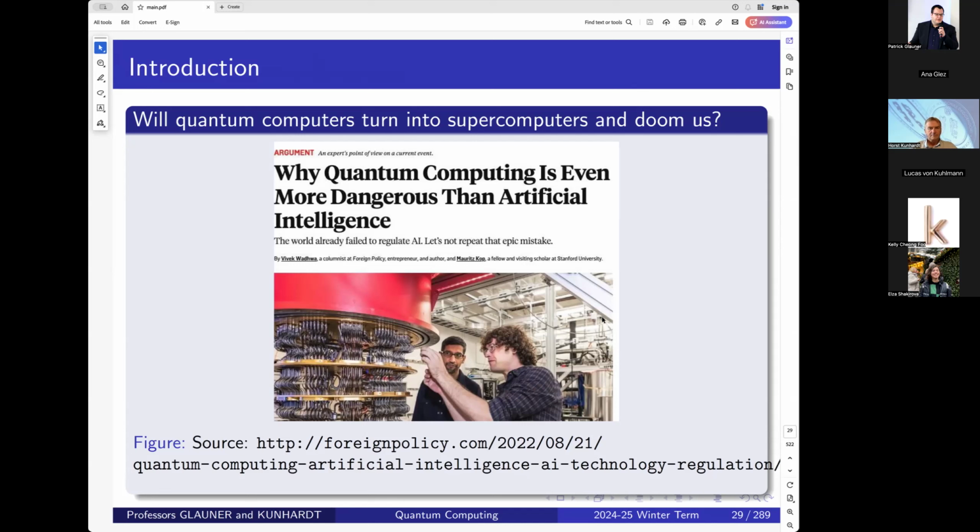intelligent on their own. But you read this kind of stuff in the news, and then so-called experts who have a background in policy, but not in science, write articles on the internet that quantum computers are more dangerous than AI and we should regulate all of this. Well, we don't regulate computers, so I don't think we should regulate quantum computers, rather applications.